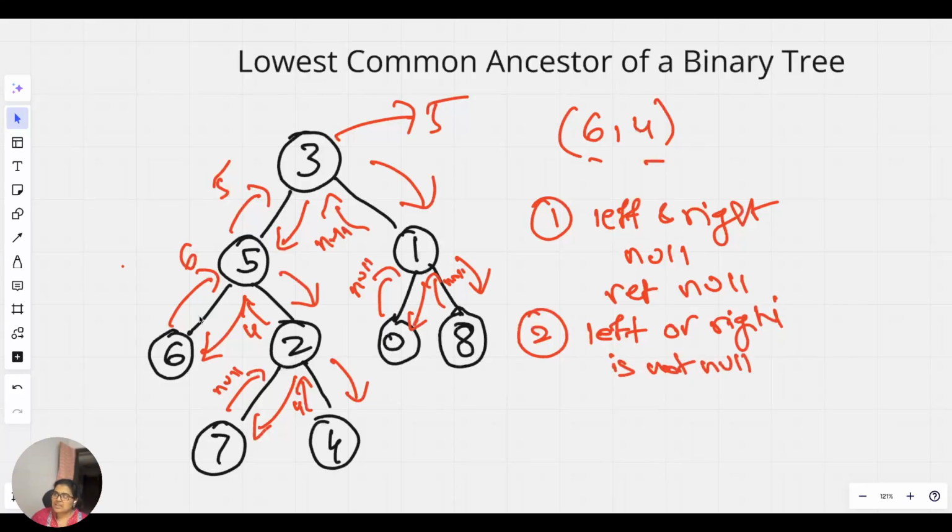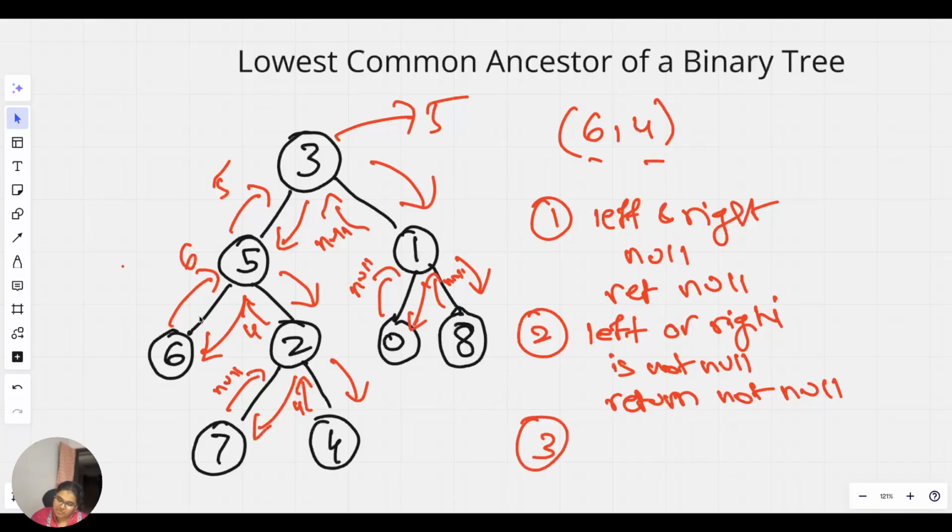In this case, we found an element in either the left side or the right side, which means we have to return the not null element. Whatever we found, we have to return. It can be either left or right. So if one of them is not null, we will return that. If both are null, we will just return null.